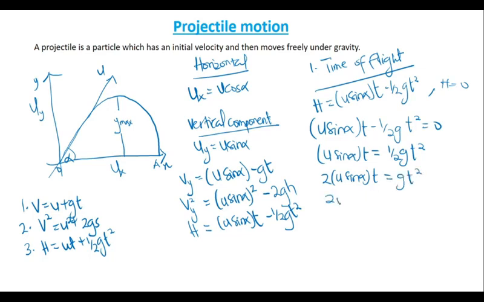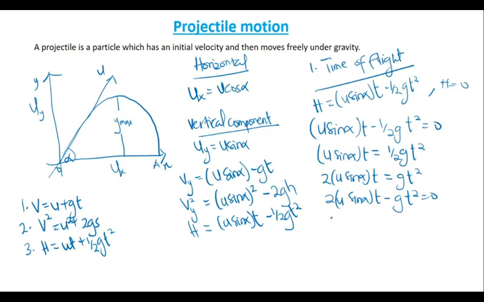Now let's bring it back. So we have 2u sine alpha t minus gt squared is equal to 0. Now we can see we have t common in both terms, so we factor the t out.